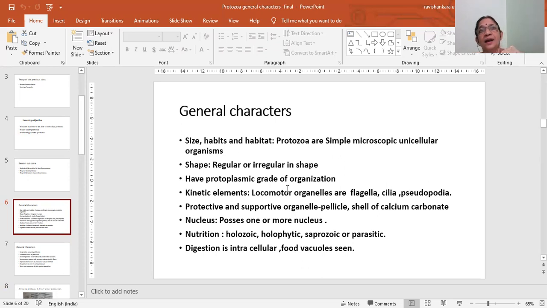A cell ordinarily is microscopic. A size of 1 millimeter can be visualized by the naked eye without any tool, but to observe microorganisms we need a magnifying tool like a microscope. The study of protozoa needs a microscope. That's why we call them microorganisms.